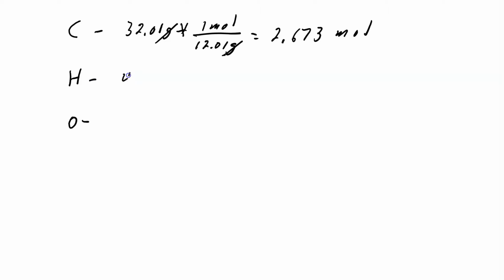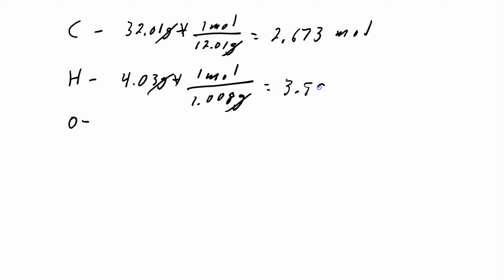For hydrogen, we have 4.03 grams times 1 mole over 1.008 grams, its molar mass. Grams cancel. We're left with moles. Doing the math, we get 3.99 moles.